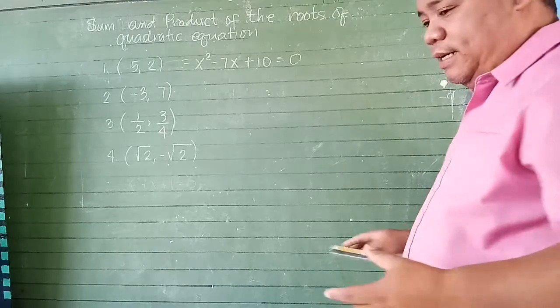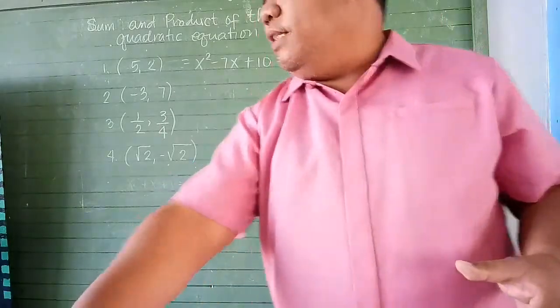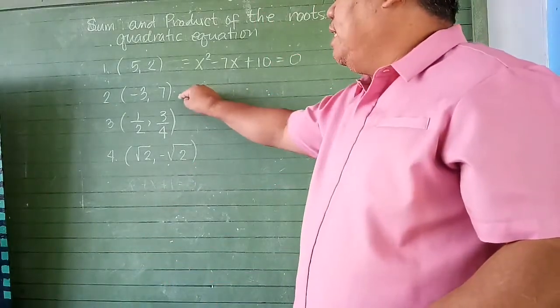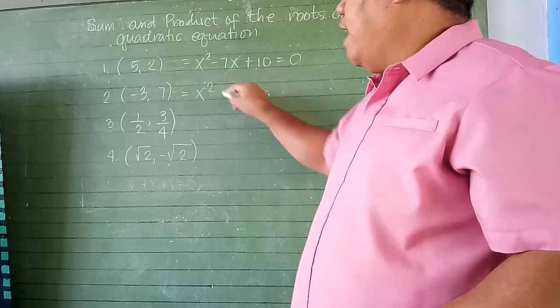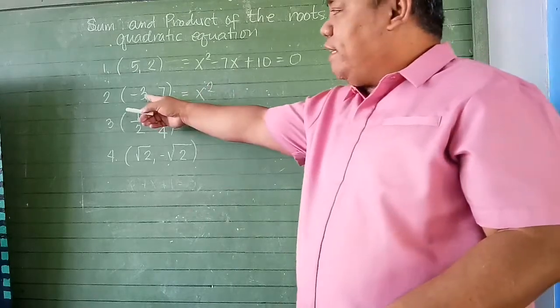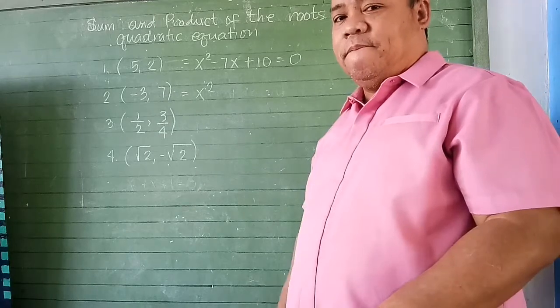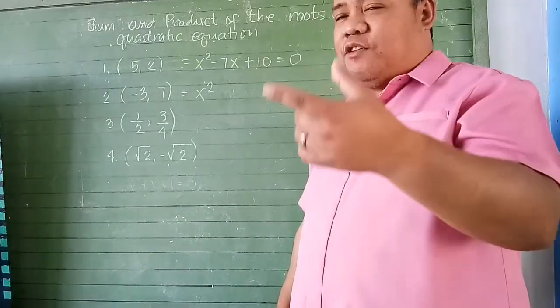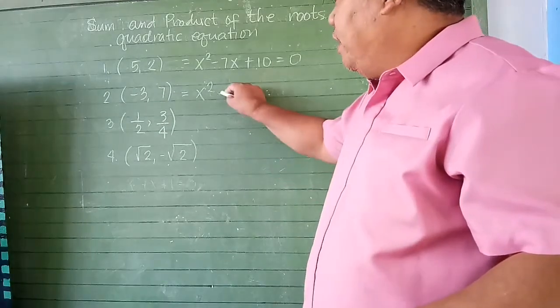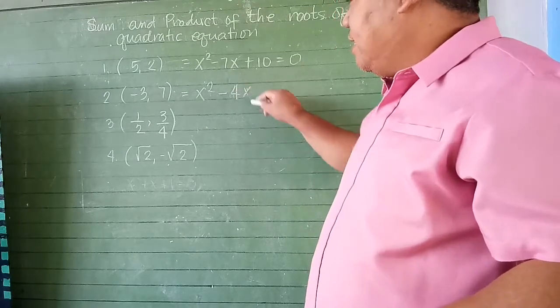Okay, so let us now find, can we find the equation here without solving? So x squared. Negative 3 plus 7 is 4, so the additive inverse of 4 is negative 4. Negative 4x.